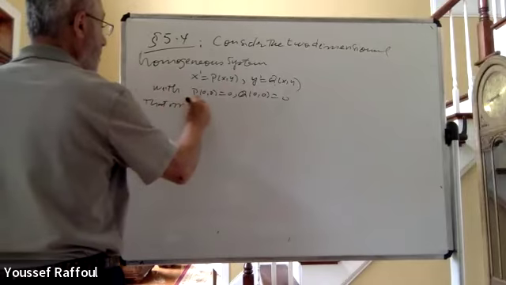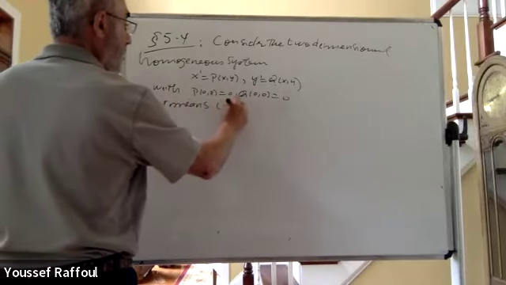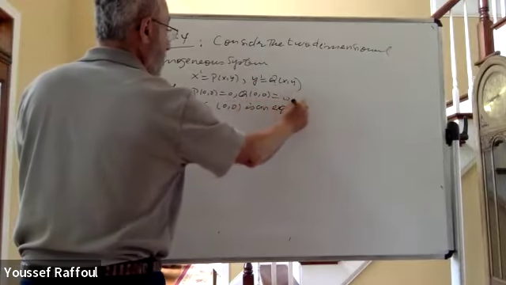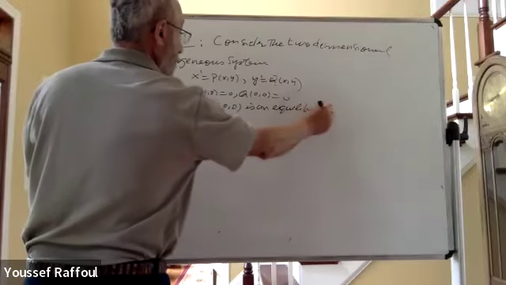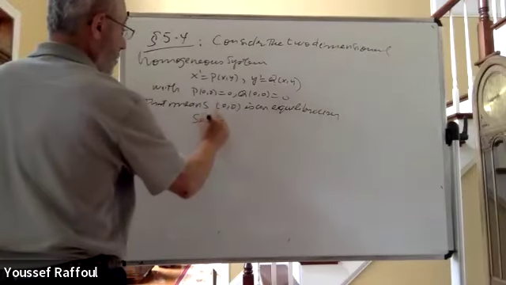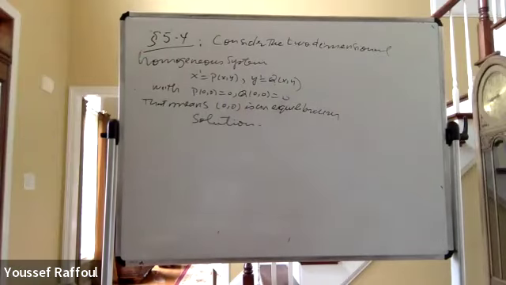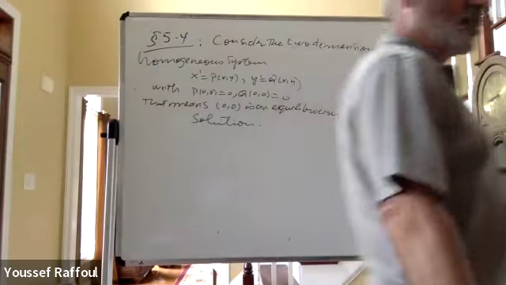That means 0 is an equilibrium solution. Okay, so that means the origin is an equilibrium solution.